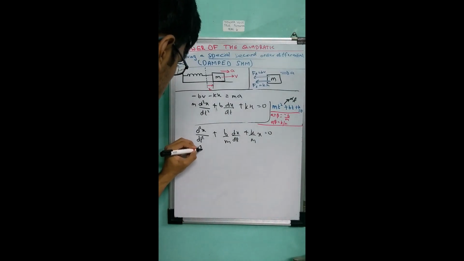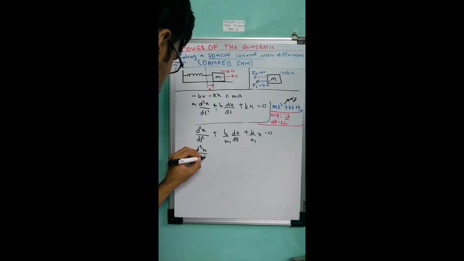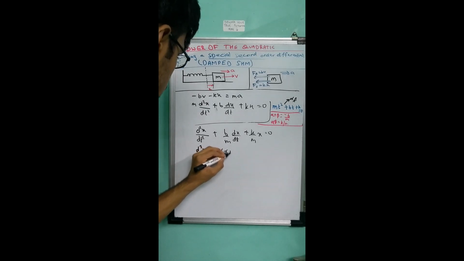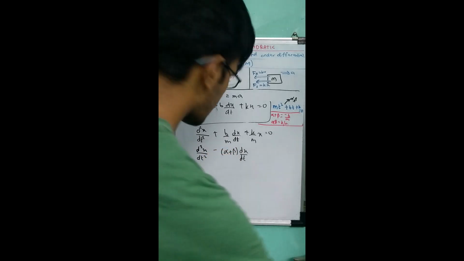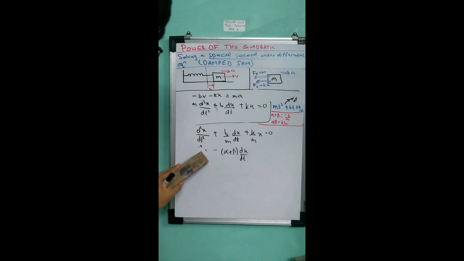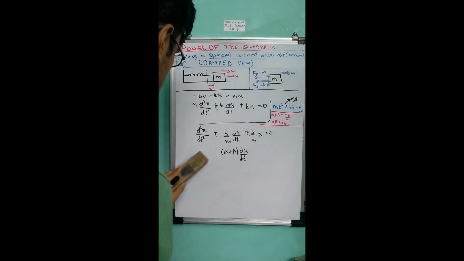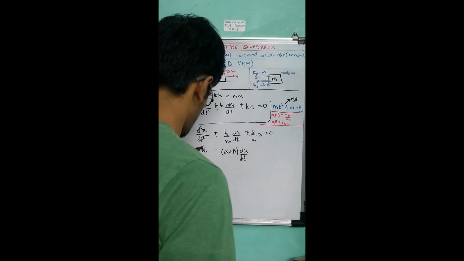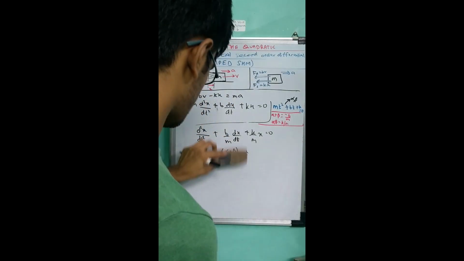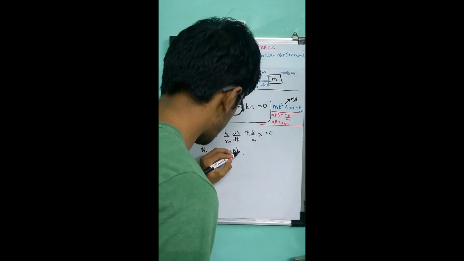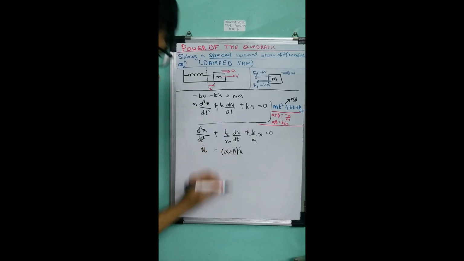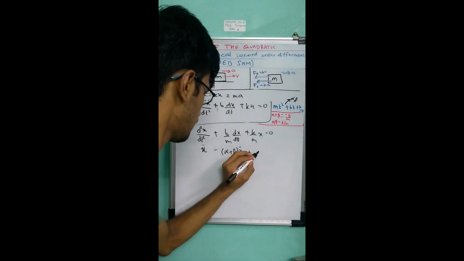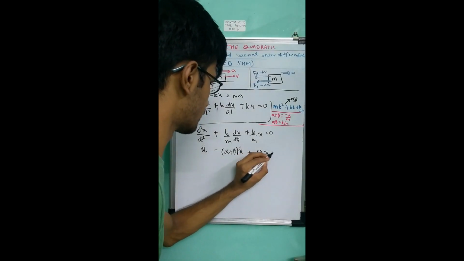What I'll get is d2x by dt square minus alpha plus beta into dx by dt. I'll write d2x by dt square as x double dot and dx by dt as x dot, plus alpha beta x equals 0.